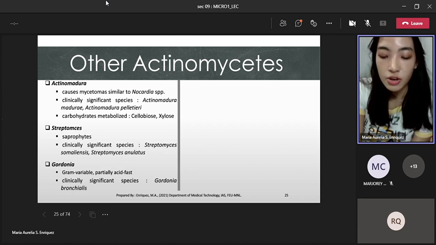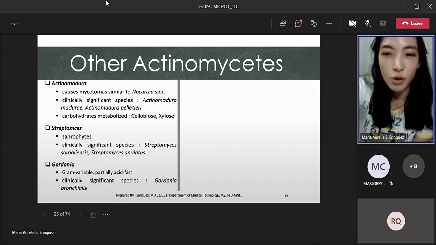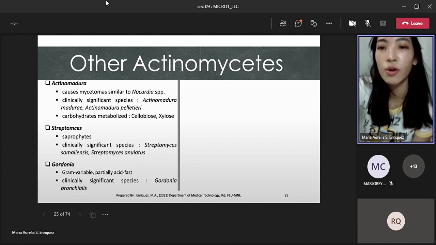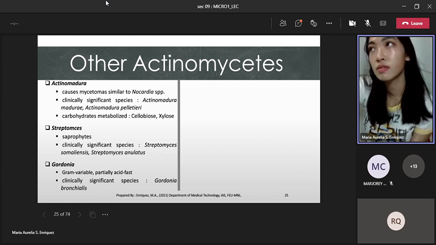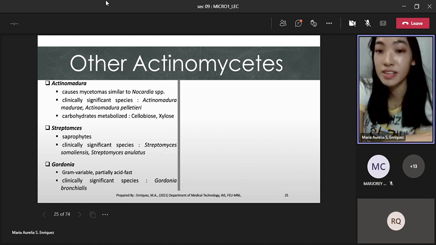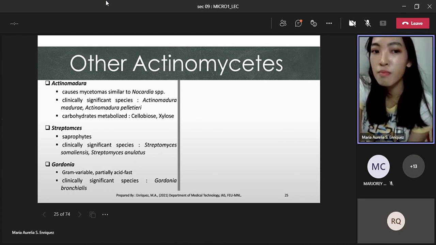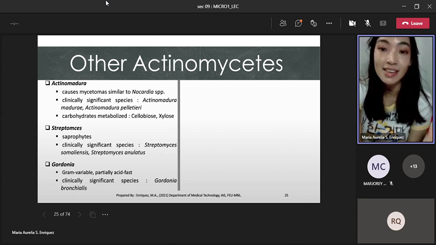Next po is Gordonia. So for Gordonia, these are aerobic, catalase positive, gram positive to gram variable organisms, and they may also be partially acid fast.